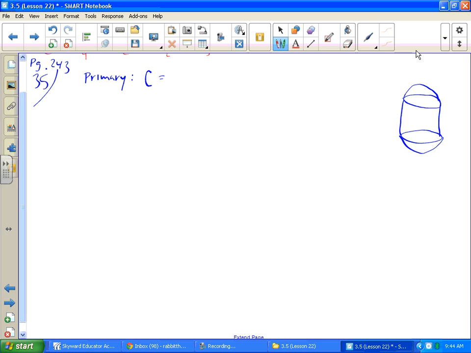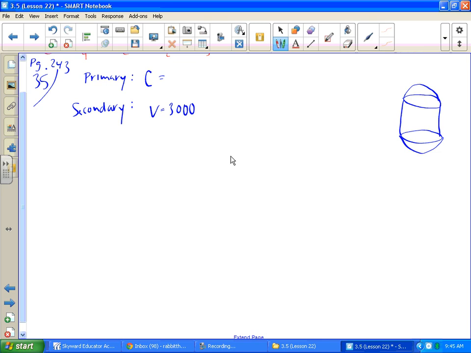It must have a volume of 3,000 cubic feet. Okay, so that's going to be my secondary equation, right? Our volume equals 3,000, which we'll write an equation for the volume here in a second. The hemispherical ends cost twice as much per square foot of surface area as the sides.